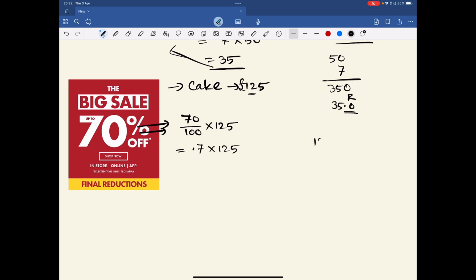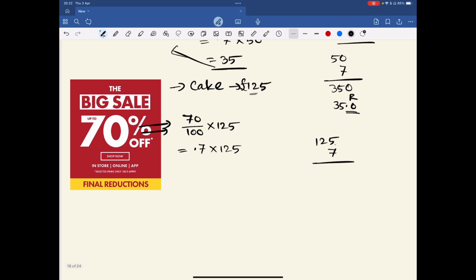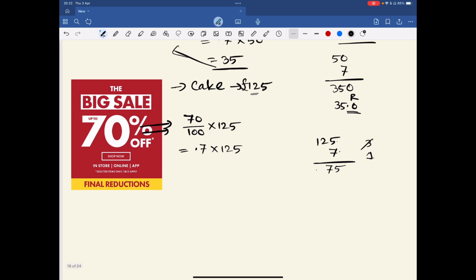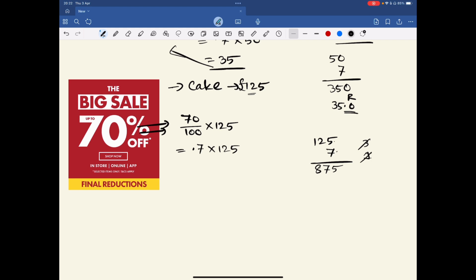So again, we are going to work out this thing. 7 times 125, we omit the decimal and keep it in our head. So 5 times 7 is 35, 3 in our head. 7 times 2 is 14, plus 3 is 17, 1 in our head. 7 times 1 is 7, plus 1 is 8. So that's the whole number.